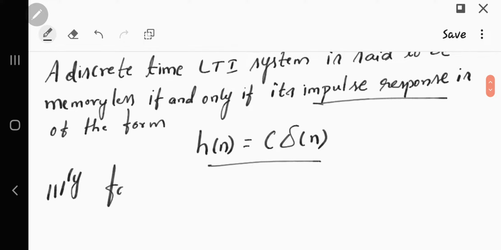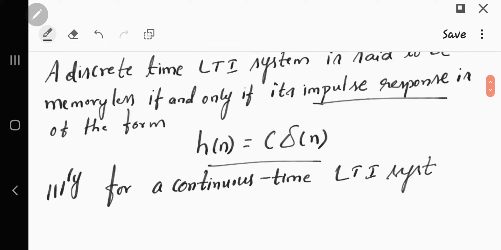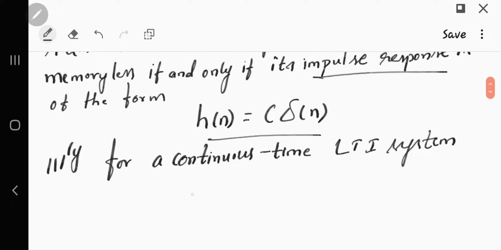Similarly, for a continuous time LTI system, the system is said to be memoryless if the impulse response is of this form, that is h of t is equal to c into delta t.